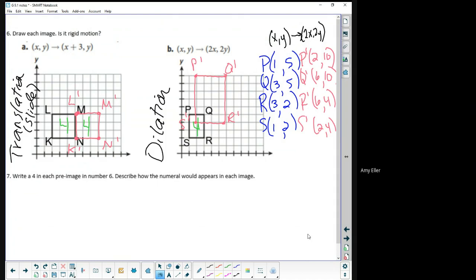Write that down. The 4 is the same size and shape. It's just moved to the right 3.